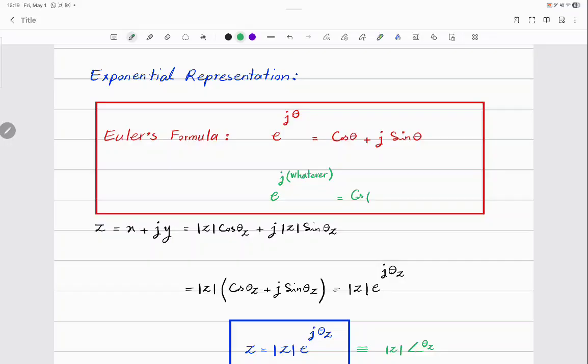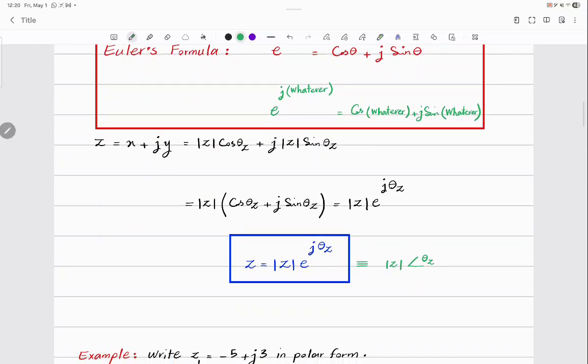So what is it equal to? E to the power of j whatever is equal to cosine whatever plus j sine whatever. Very important.